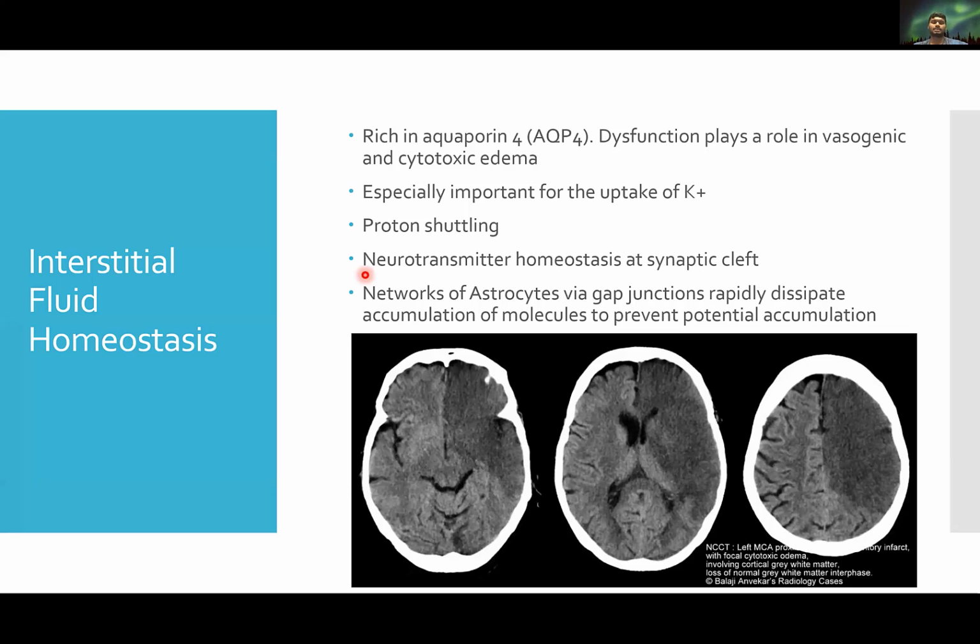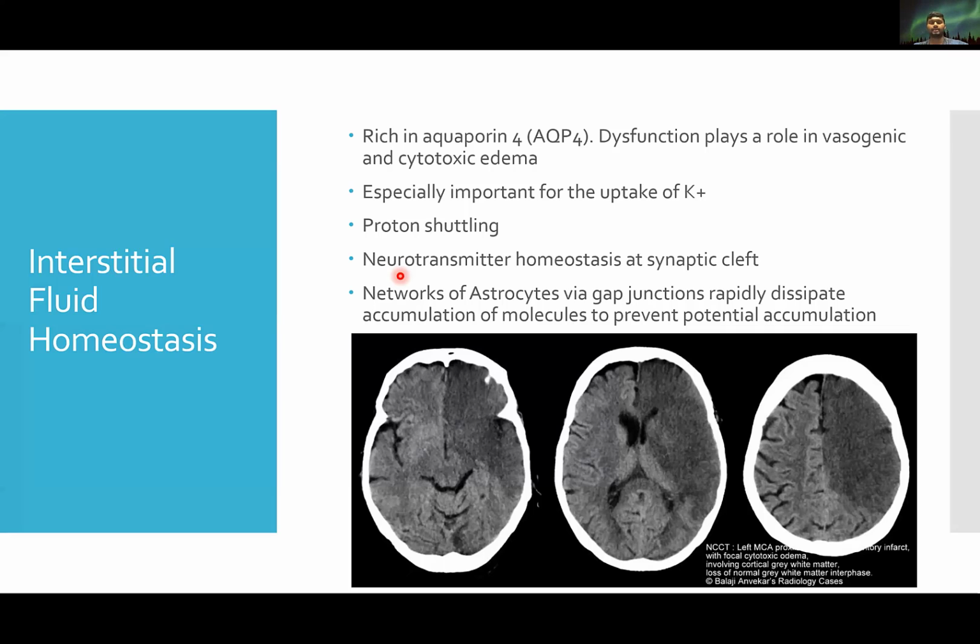Because that can cause excitotoxicity, calcium toxicity, which leads to cell death. And then these astrocytes will cycle through the glutamate and create glutamine. Glutamine shuttles back to the neuron, which can then convert that back to glutamate via a deaminase reaction, and then use that again later on.